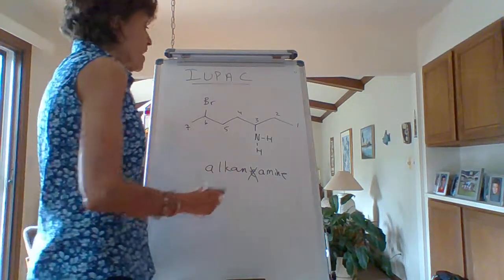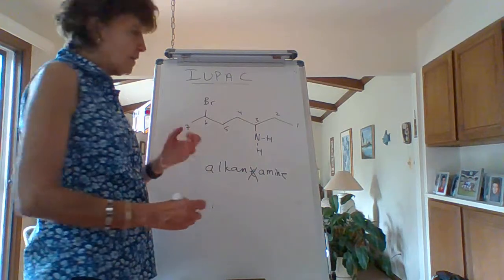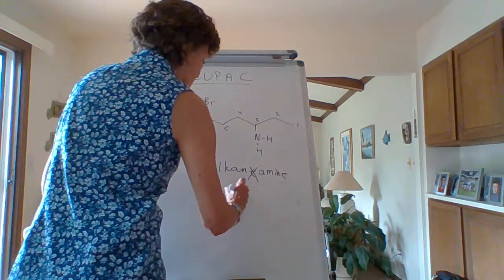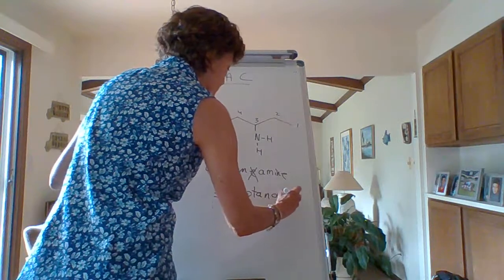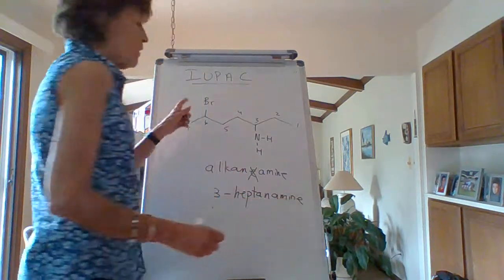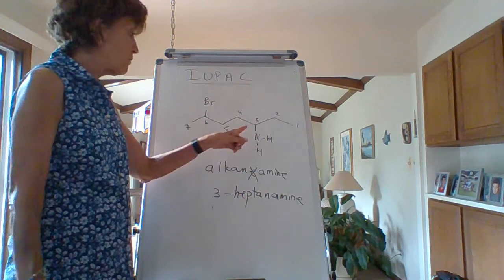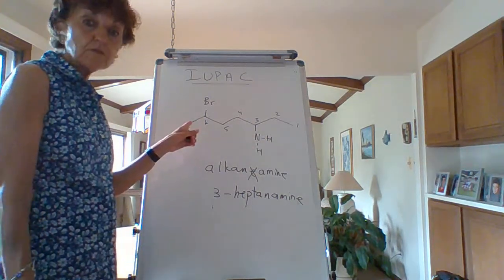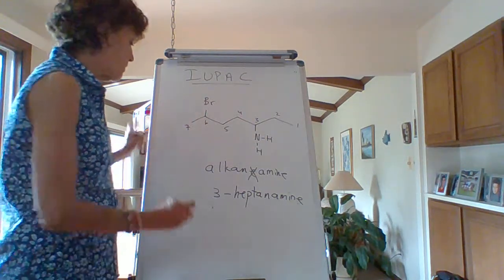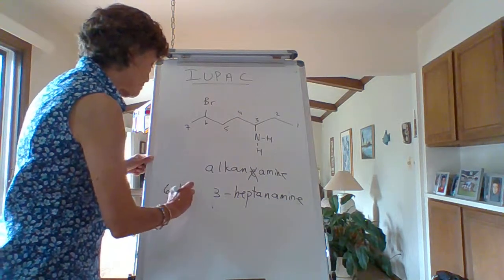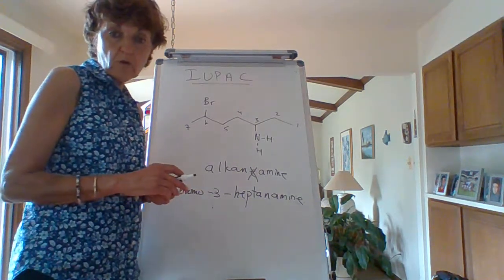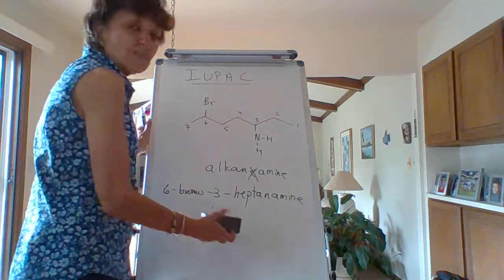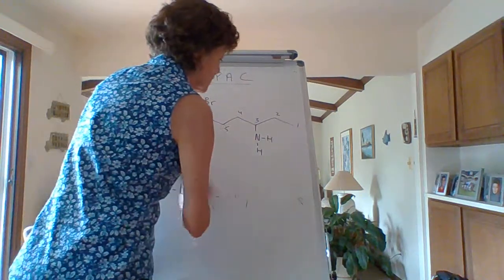Okay? And you're going to tell me where the amine group is. So this would be 3-heptanamine. Now, I see a substituent over here. Remember, the amine takes precedence over any substituent. So this would be 6-bromo-3-heptanamine.